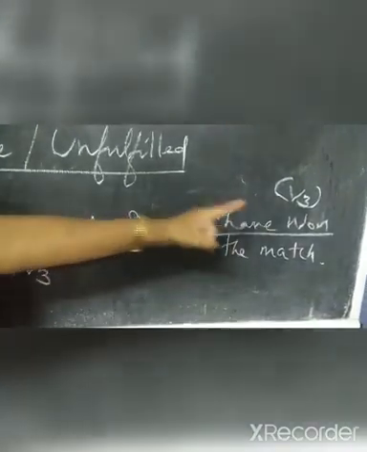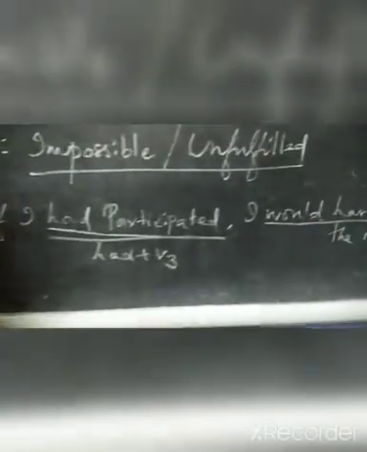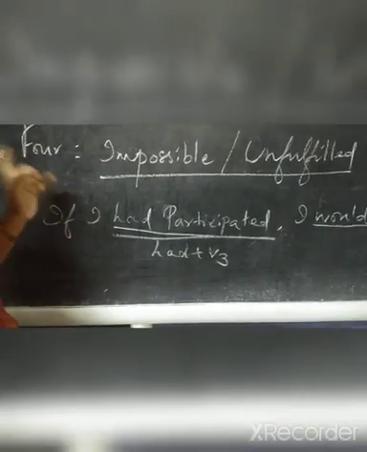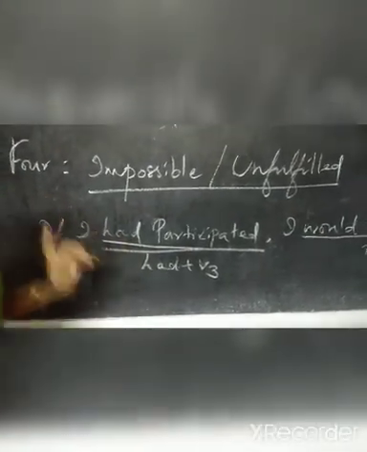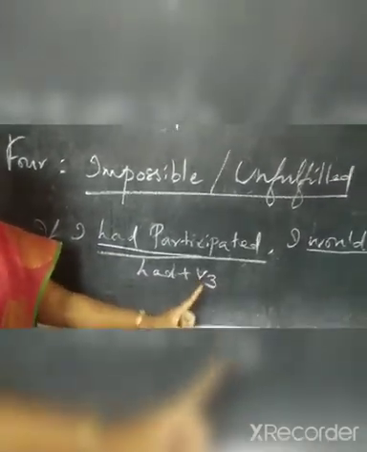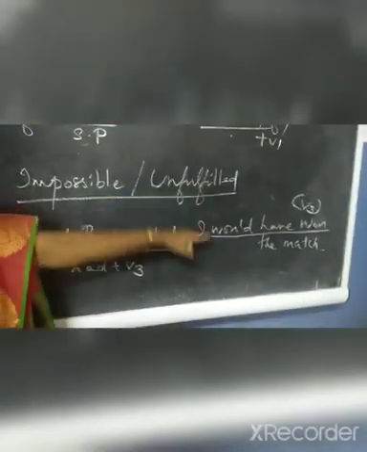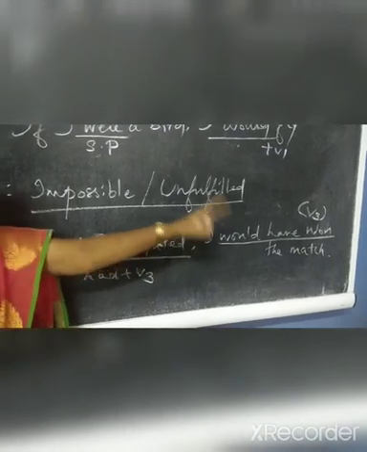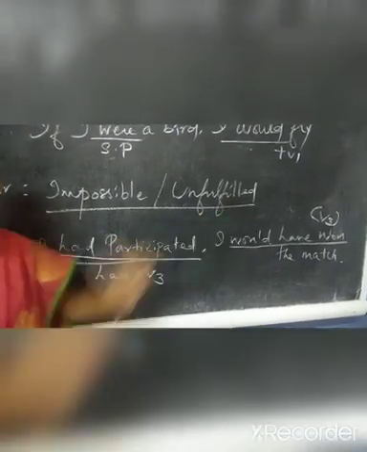Once again I will repeat: if in the if clause past perfect tense comes, the past perfect verb, had plus V3, then in the main clause it should be changed to future perfect in the past. That is, would have won.